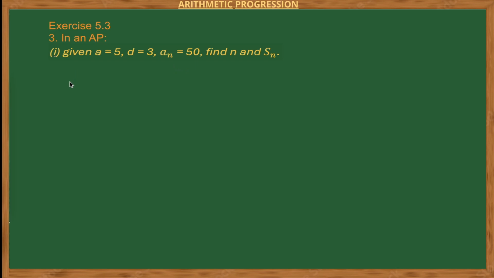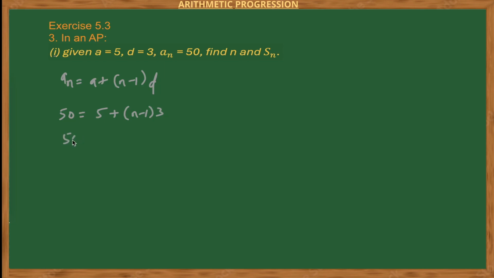So how do we find n? We have a formula to find the nth term: An is equal to A plus (n minus 1) into D. With this we will get the value of n. So An is 50, A is 5, plus (n minus 1) into D, where D is given as 3.